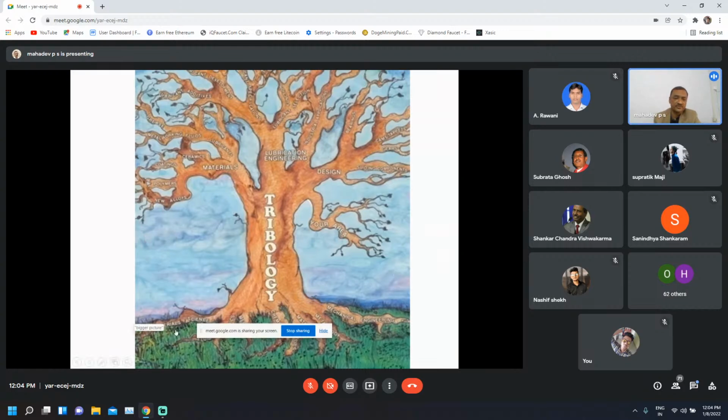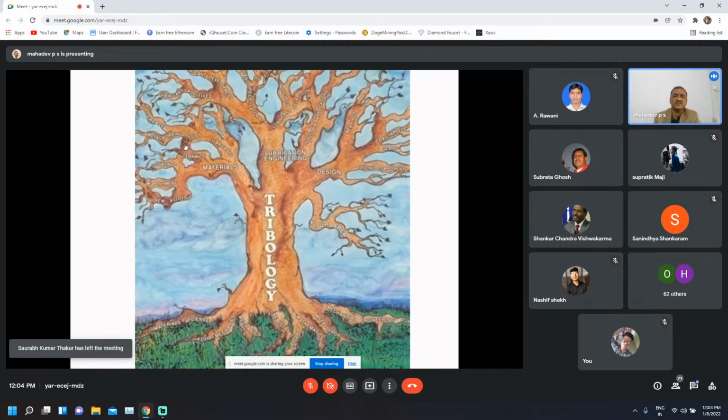At the bottom, you can see material science, fluid mechanics, mechanics, chemistry, physics, mathematics, mechanical engineering, measurements, and many other things. So this could be your area, this branch. The right hand side bottom branch could be your area.